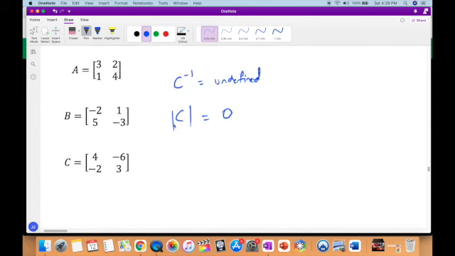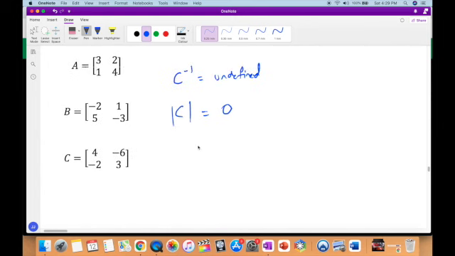12 minus 12, right? So therefore, C inverse will be 1 all over the determinant of C multiplied by the adjoint. The problem is that this works out to be 1 over 0, right?